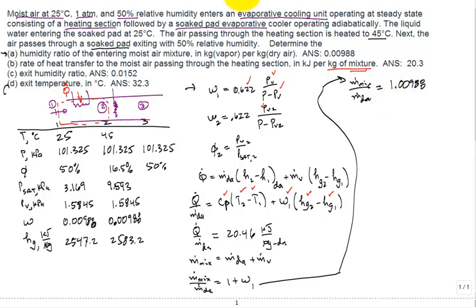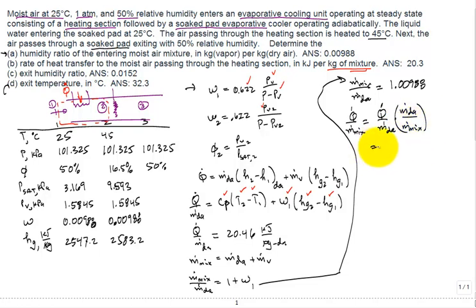We're going to calculate Q dot divided by the mass flow rate of the mixture, which is equal to what we already calculated, Q dot divided by the mass flow rate of the dry air, times the mass flow rate of the dry air divided by the mass flow rate of the mixture.